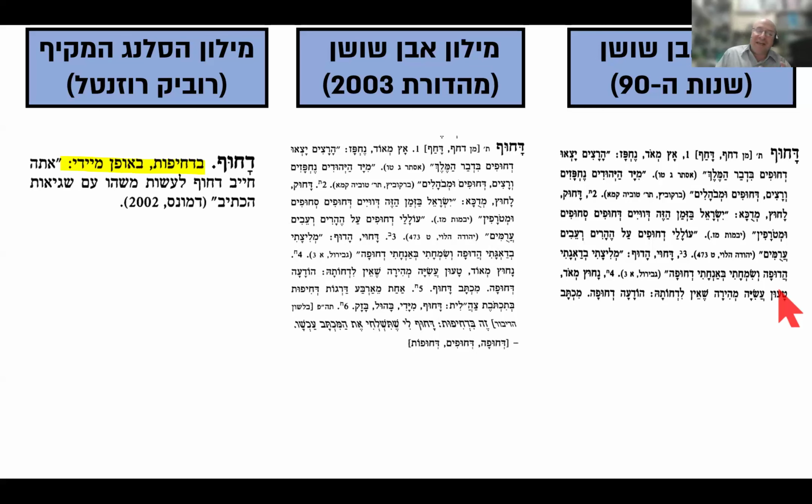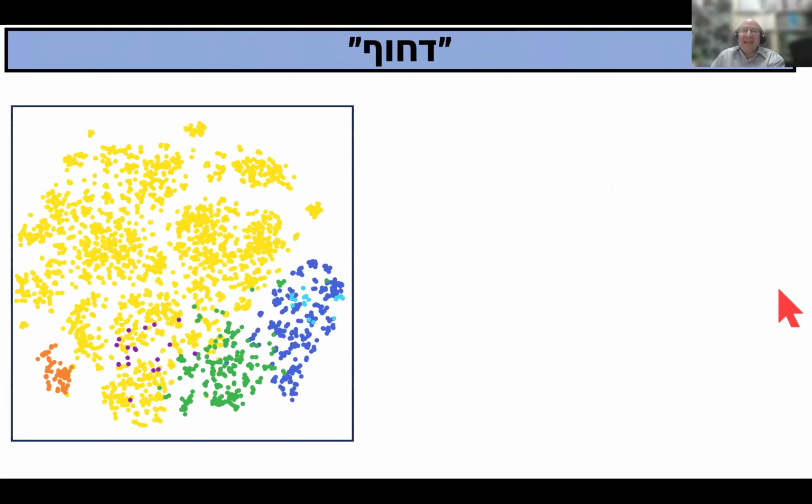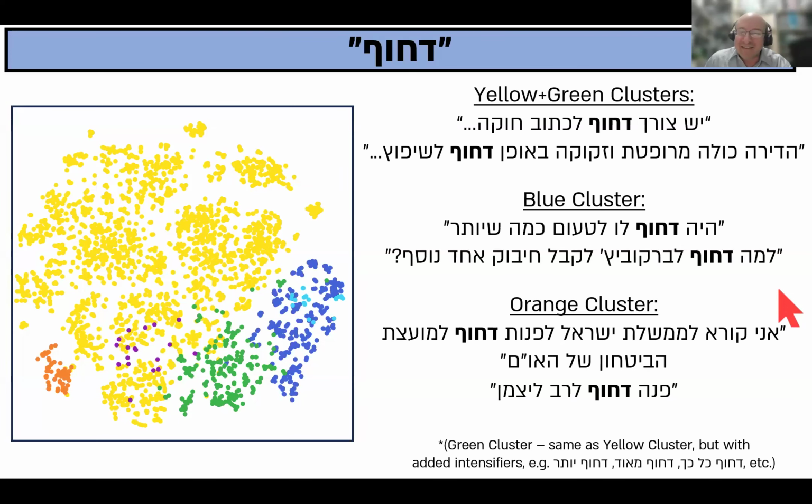And in between, we have that Evan Shoshan entry where it means ze dachuf, but it's not exactly a full adverb. Okay, so we have these three usages of dachuf, and now let's see the clustering. I ran 10,000 sentences. I got this clustering, and let's look at the clusters.